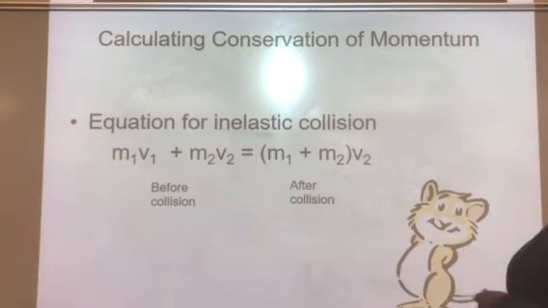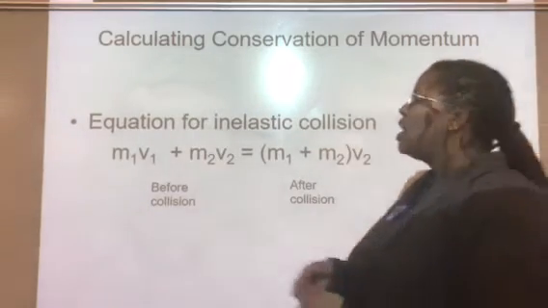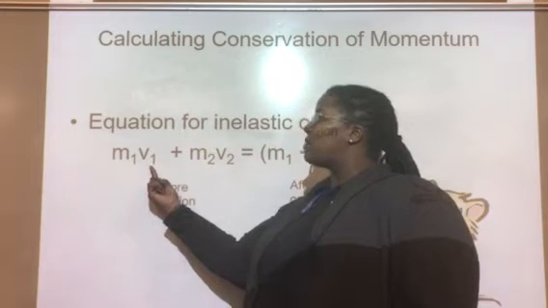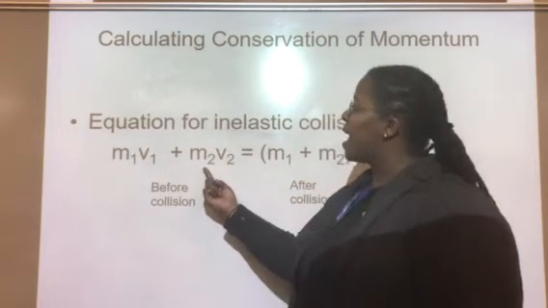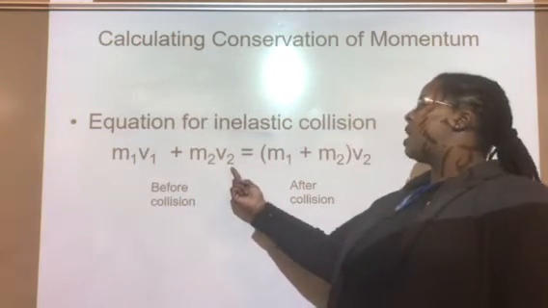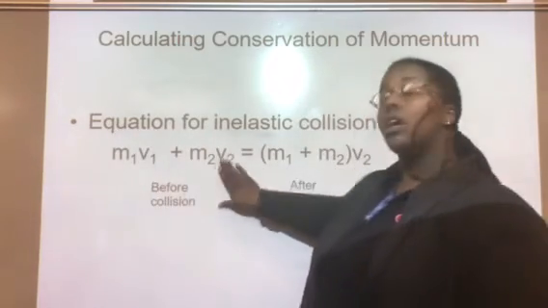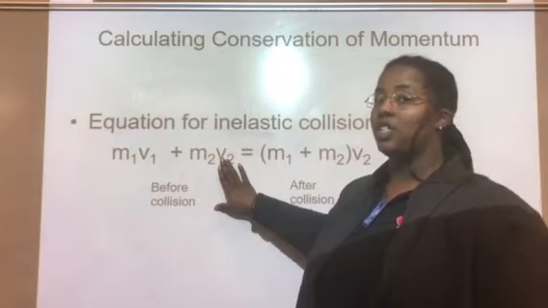Whenever we're talking about calculating conservation of momentum, here's our equation. We have the mass of the first object multiplied by its velocity plus the mass of the second object multiplied by its velocity. This entire side of your equation is going to occur before the collision.